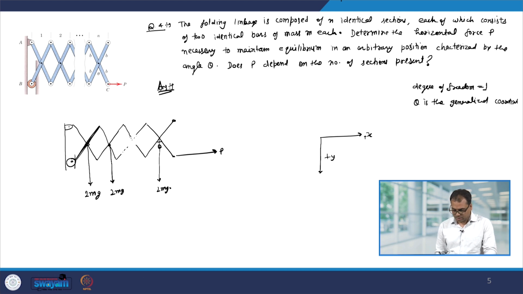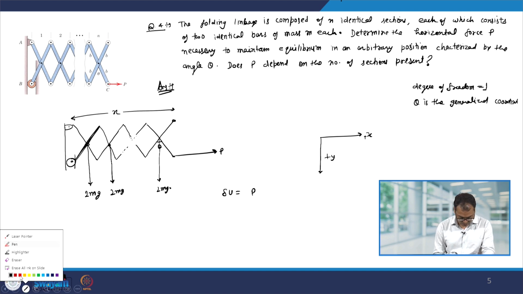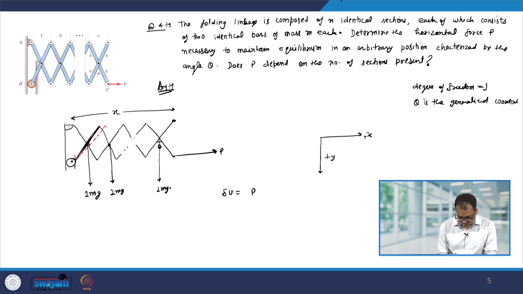Now, let us write down the equation of virtual work. So, we have du equal to, so let us say this whole length is x. So, it will be p dx, wherein we assume a virtual displacement of delta x because of this force P. So, let me just show you once again. So, this part is dx.